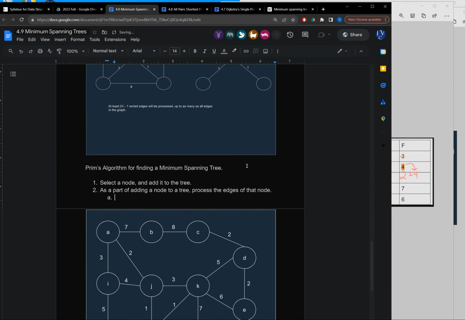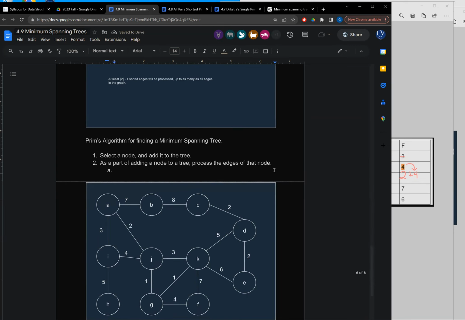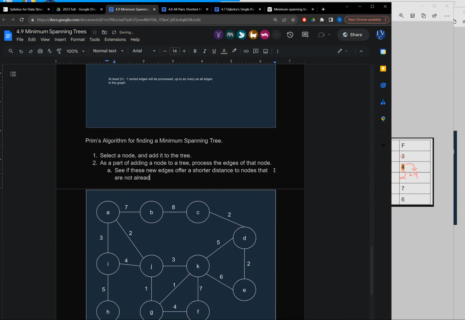And the processing step is: see if these new edges offer a shorter distance to nodes that are not already in the tree, and discard their edges.